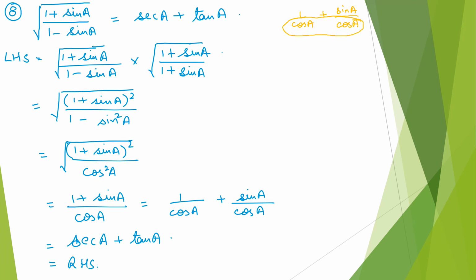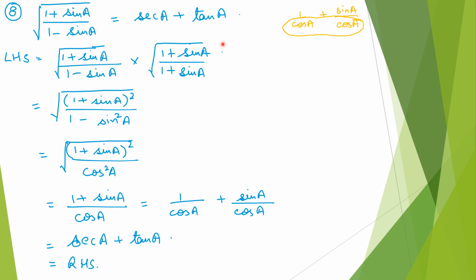If I want my denominator to be cos, that means inside the square root, I must have 1 minus sine square. So everything is going reverse direction. Your thinking has to go reverse. From this side, you're going this side.